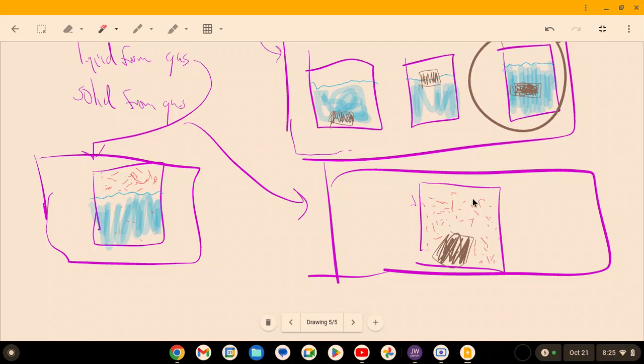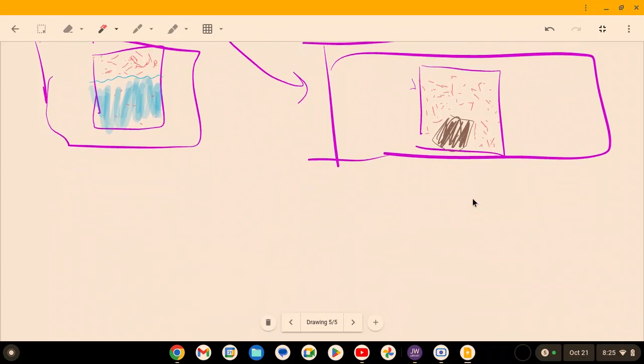Gas particles are basically moving in pretty close to straight lines until they smack into other gas particles or into surfaces, I guess. Solids are pretty ordered. I don't really know how else to describe it. I thought pictures are the best way. So we'll go ahead and move on to the next one.